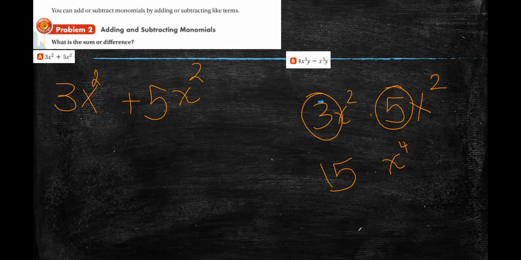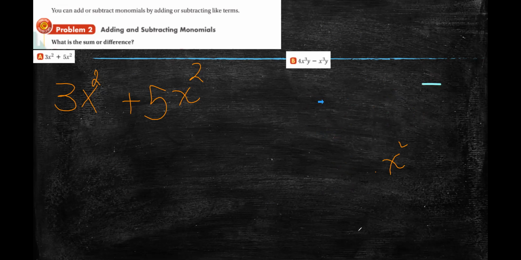In adding, no, we have to do another thing. What do we have to do? To add 3 plus 5 equals 8. The first step now, we have to check if the variables are the same. x squared and x squared, are they the same?